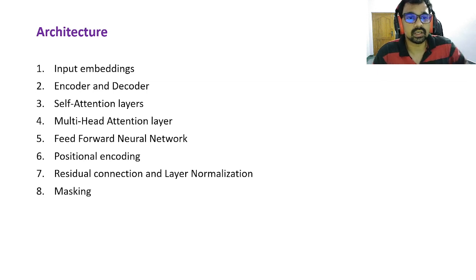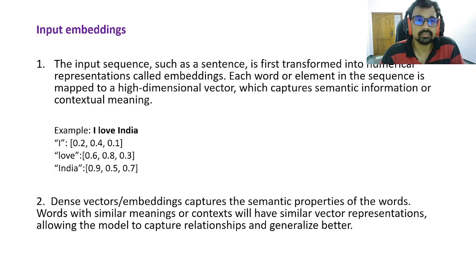I will give a high-level understanding of all these individual components. Out of these, the self-attention layer is the most important one. It forms the crux of the transformer model, which is why it became a huge hit. We will have a follow-up video on the self-attention layers, but for now, I will give an overall understanding of what it is. Input embeddings.